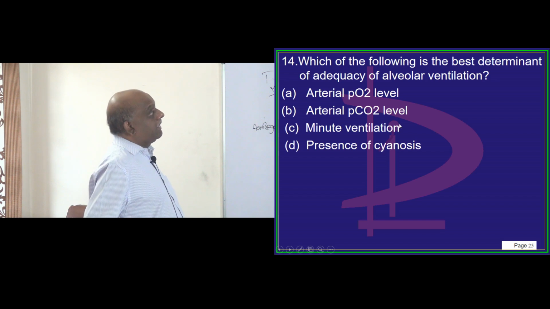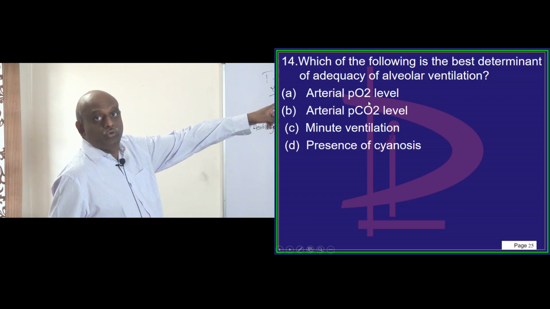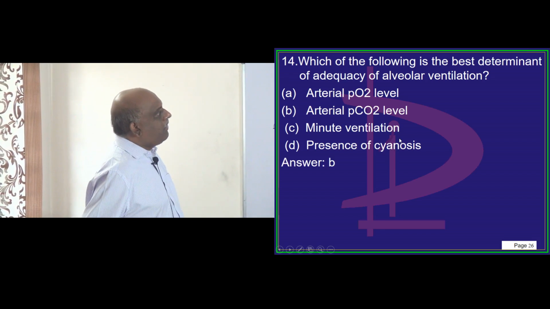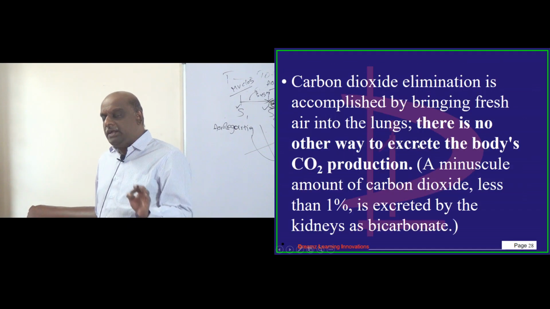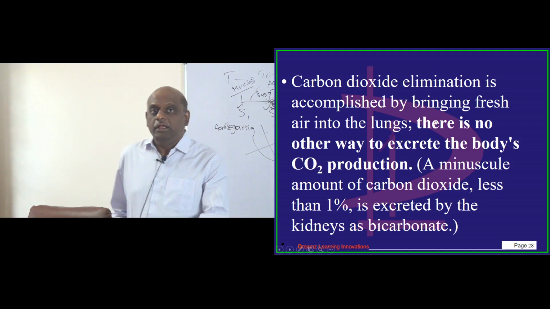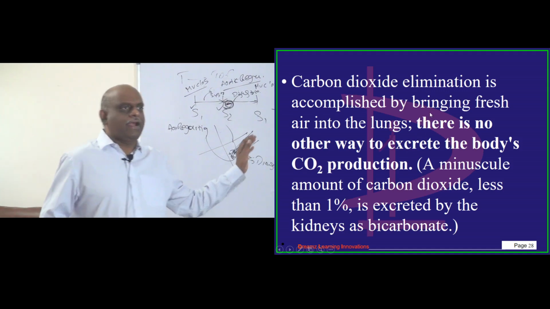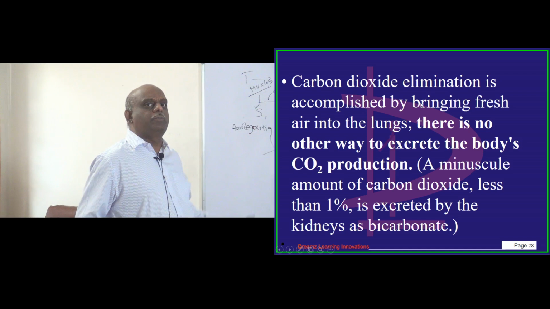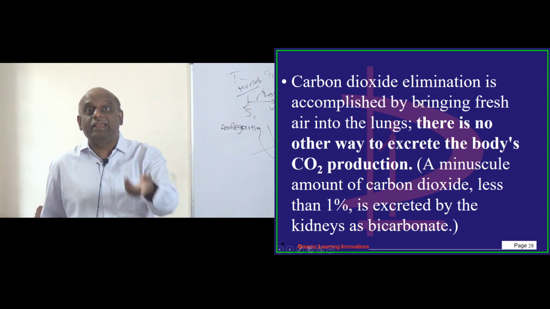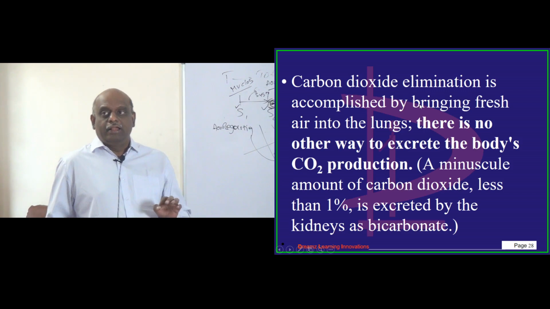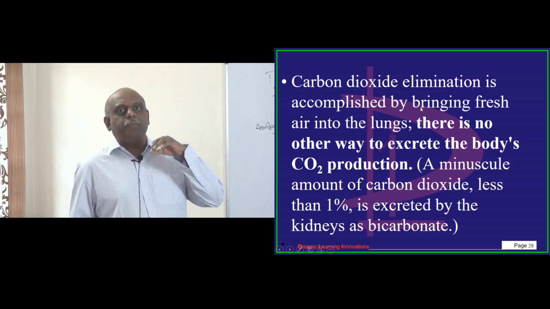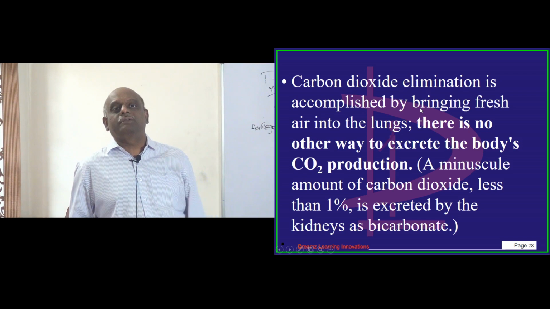So a lot of times people think PO2. No, it is PCO2. Why PCO2? Because if you look at carbon dioxide, there is no way that carbon dioxide can get rid of the body except by exhalation. इसलिए carbon dioxide, partial pressures are an important indicator that how good is your ventilation is what you need to remember.